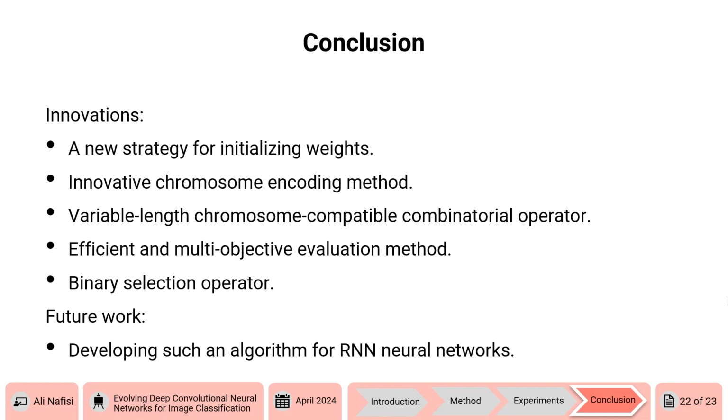RNN is just a different architecture and maybe needs a different structure, different encoding strategy, different representation, different crossover. But the idea is the same as this paper, which was on CNN architecture neural networks.